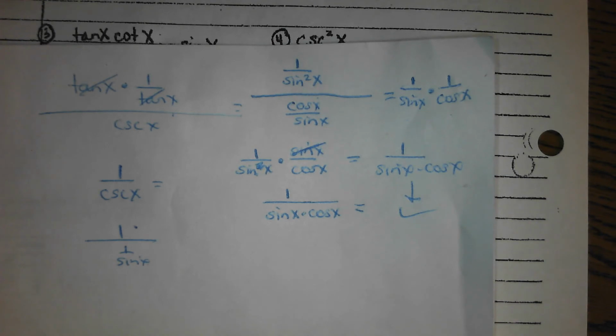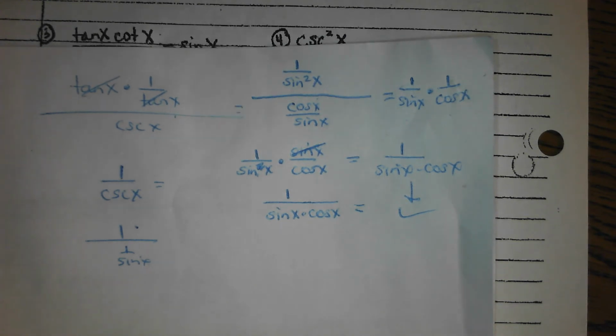So this is the last skill. Anything after the midterm is great, yeah? So, with proving identities, there is no solution, right?